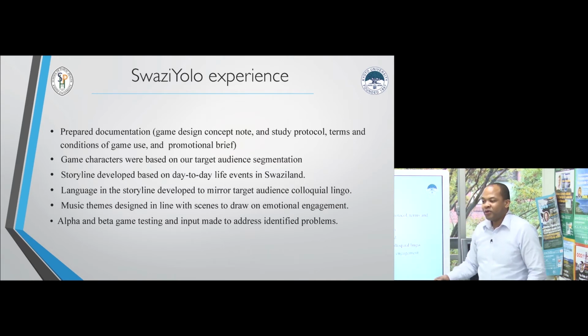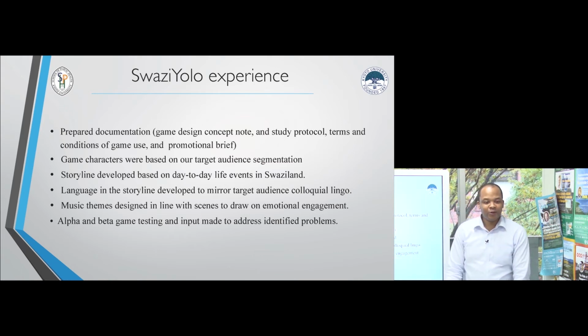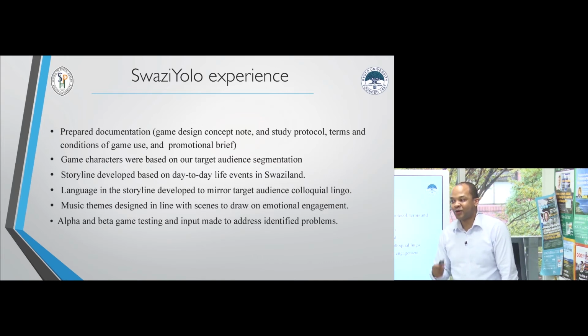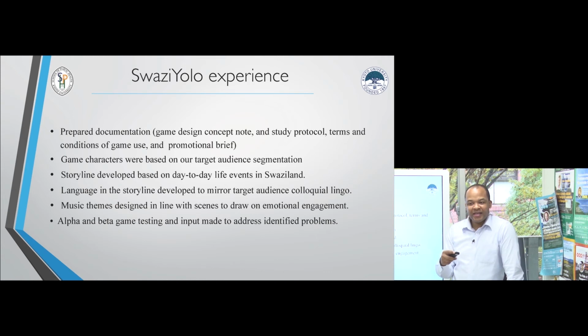The first brief, we produced this huge story, properly written language, but it was a bit not so palatable to our target audience. And then also the game has got music. Each scene has got a different sound to it. So it tries to capture the emotion of that scene.